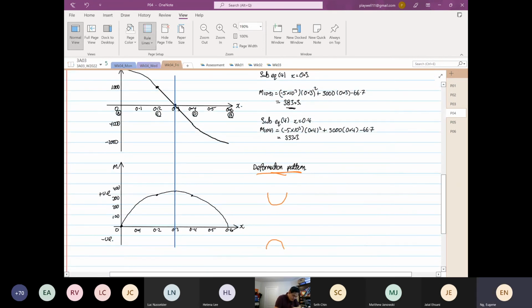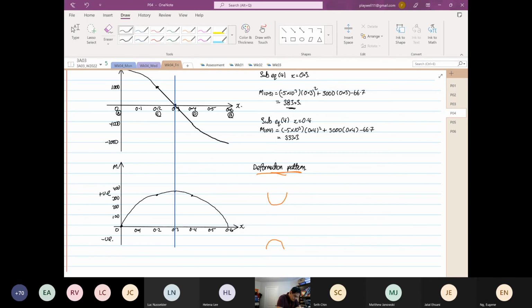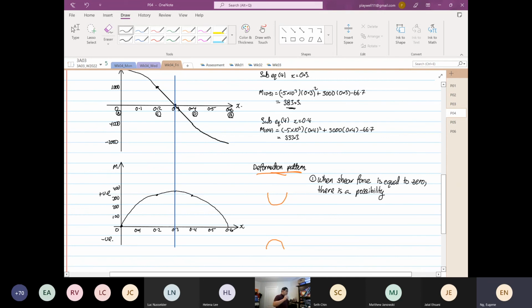Number one, when shear force is equal to 0, there is a possibility, not always, because sometimes you can have shear force intersecting the zero line at multiple places.